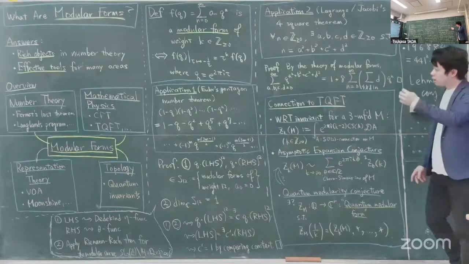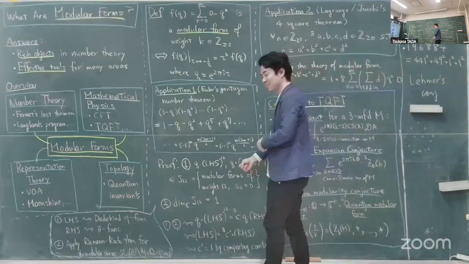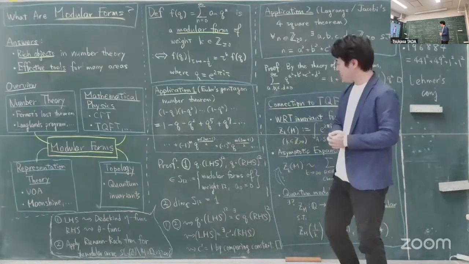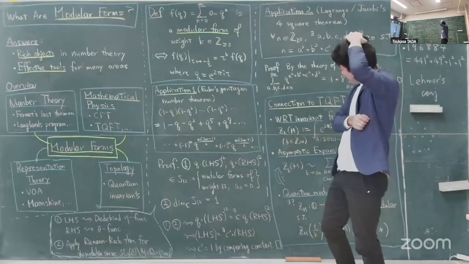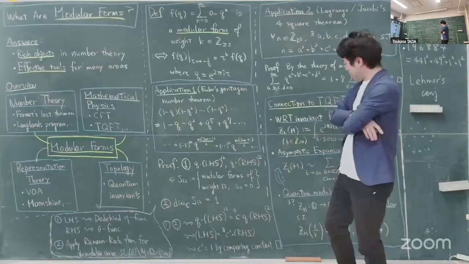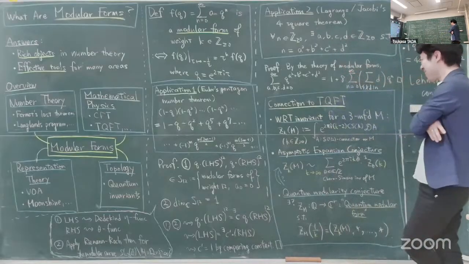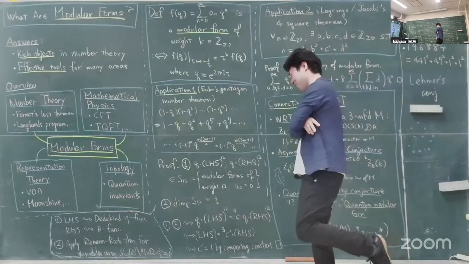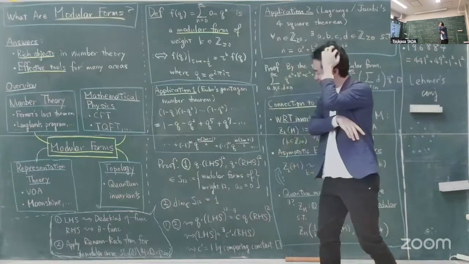So then why 5? And the power 12 is very mysterious. Yeah, very mysterious. I don't have any simple answer to this.